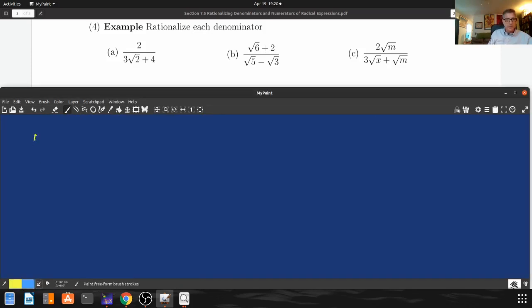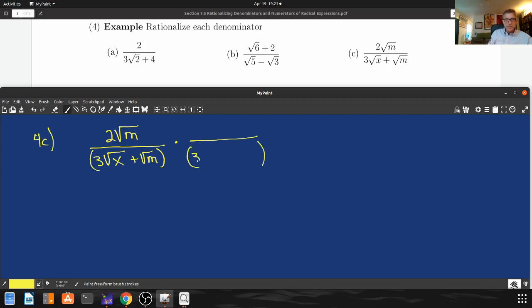So this is 4c. This is 2 on the square root of m over 3 on the square root of x plus the square root of m. I'm going to put that in parentheses, and then write down here the conjugate of this.